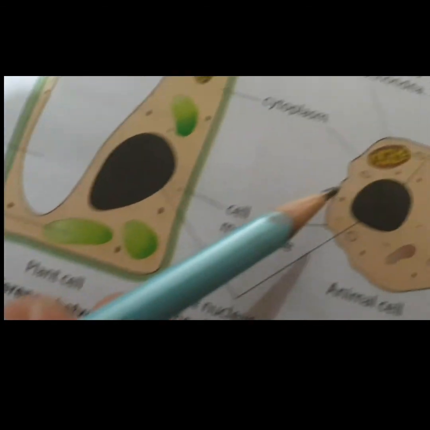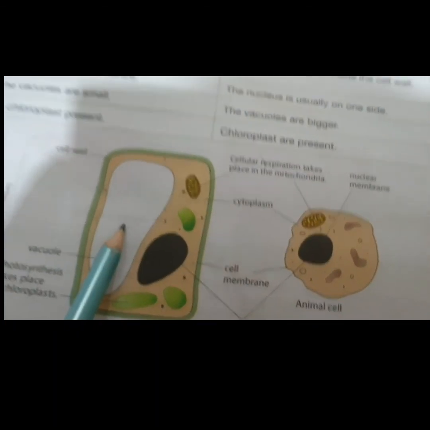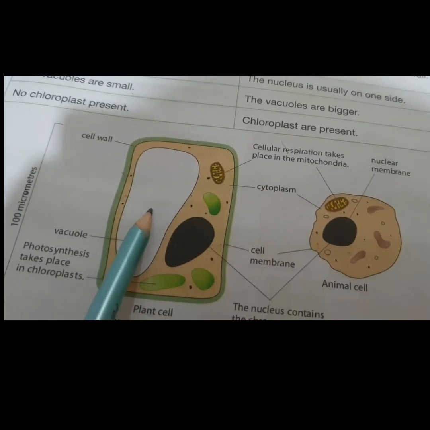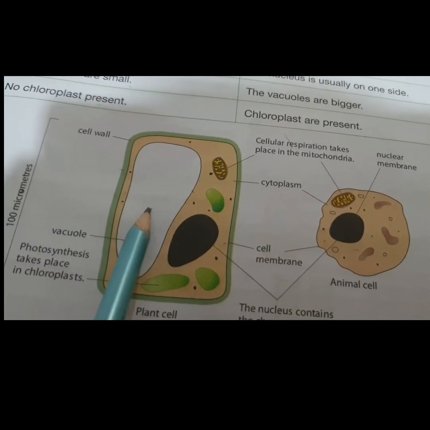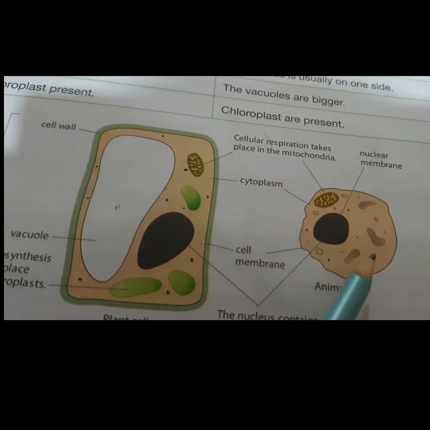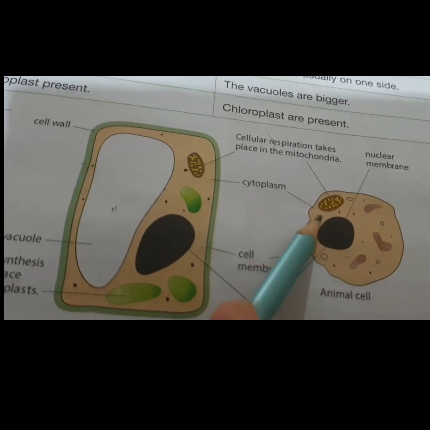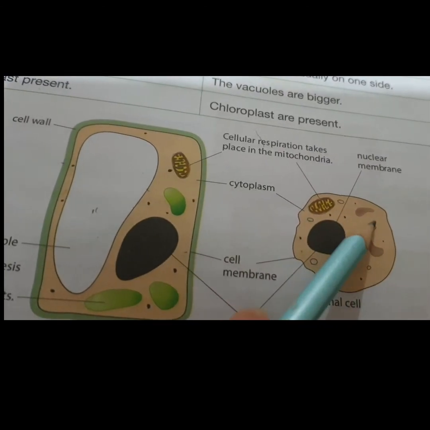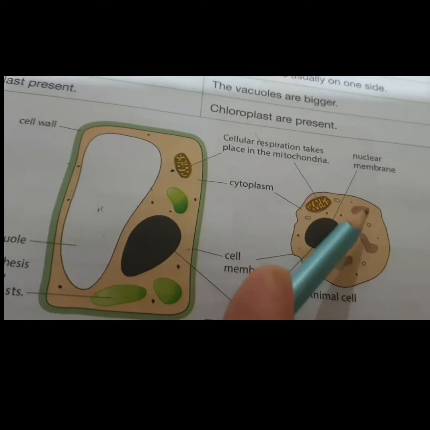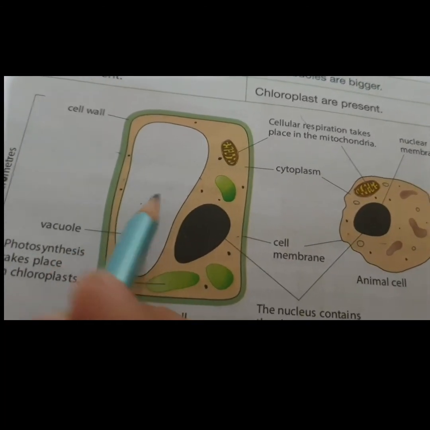Then you can also see the difference in size of vacuole. This is vacuole in case of plant cell. It is very large. And here are small vacuoles in case of animal cell. You can see these are small vacuoles which are present in case of animal cells, whereas this is large vacuole in case of plant cells.